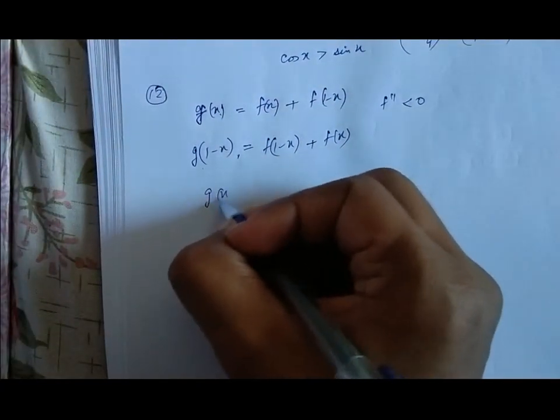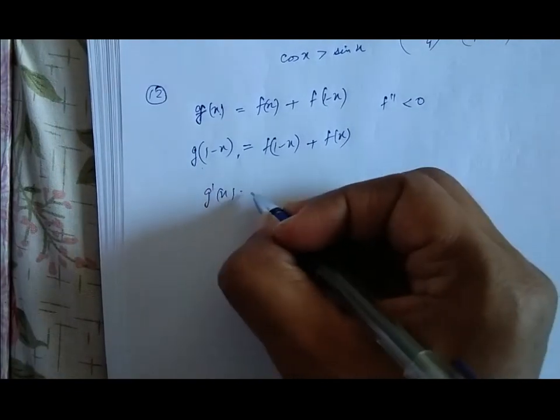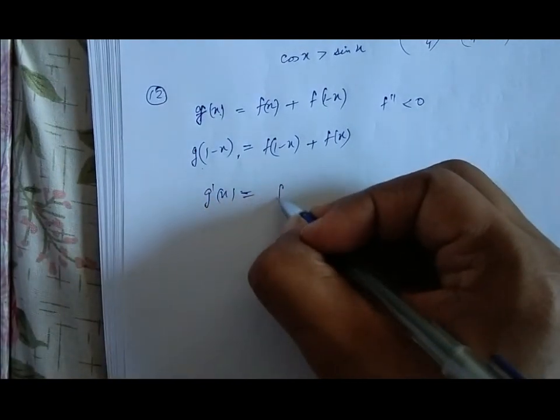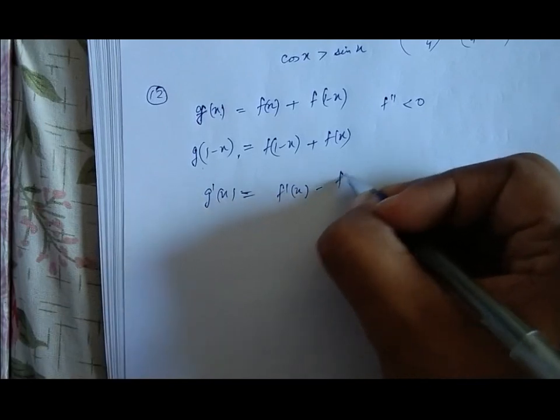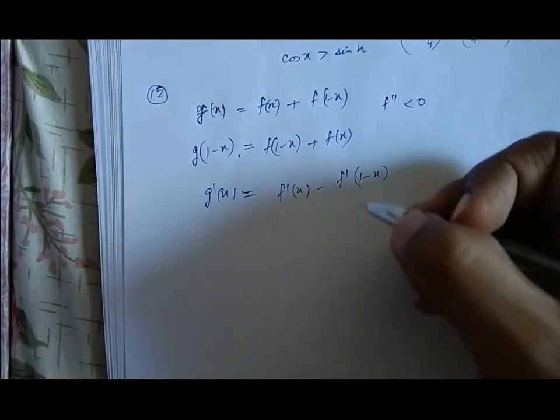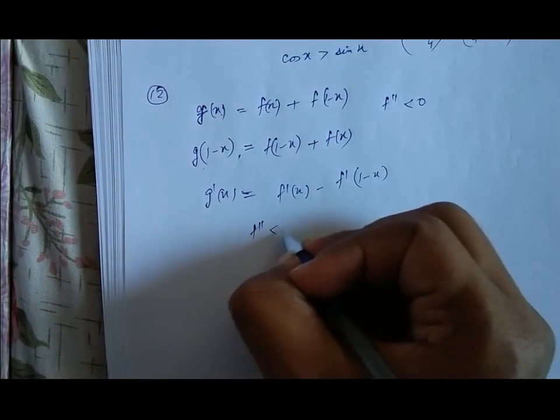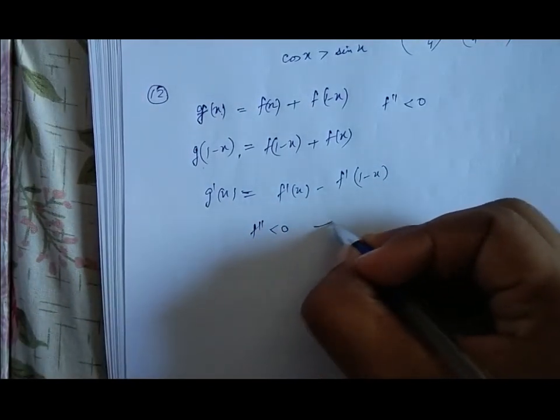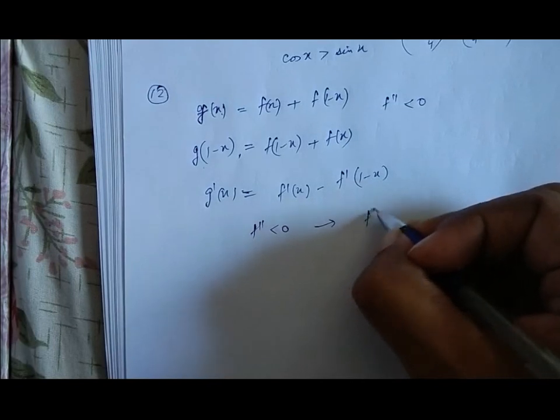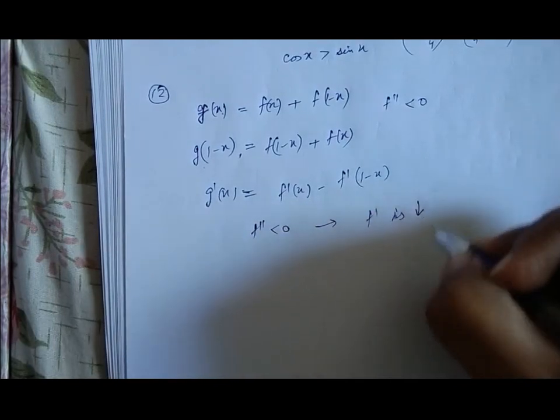So g(x), calculating g'(x) is equal to f'(x) minus f'(1 minus x). And since f'' is less than 0, this implies f' is decreasing.